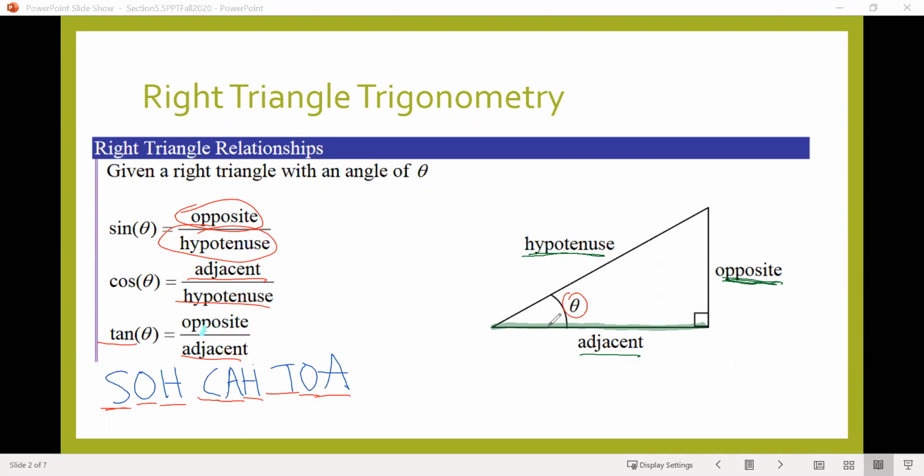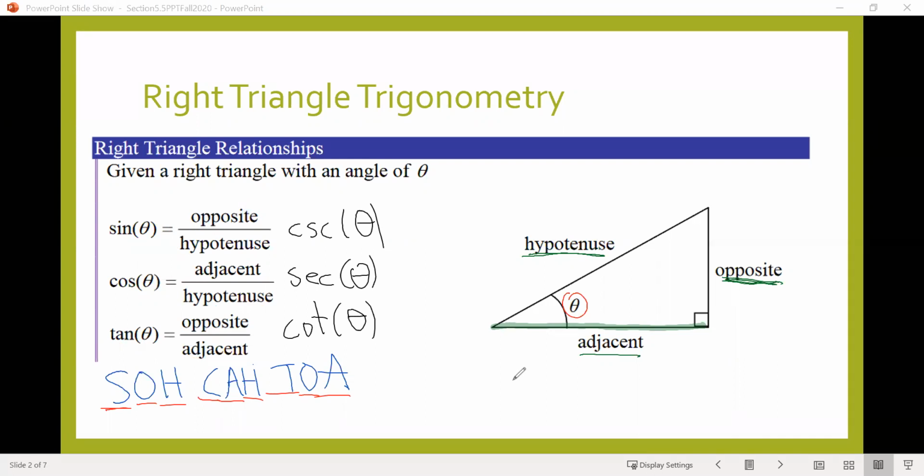Now I'll also point out that we can use these sides to define our other trig ratios. We could talk about cosecant of the angle, secant of the angle, and cotangent. Recall that each of these is the reciprocal of its related standard function.